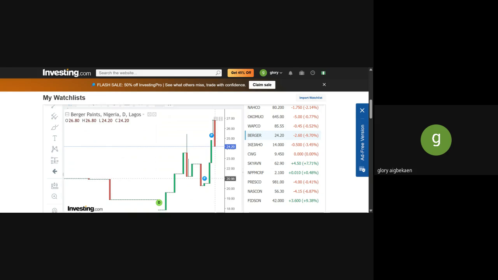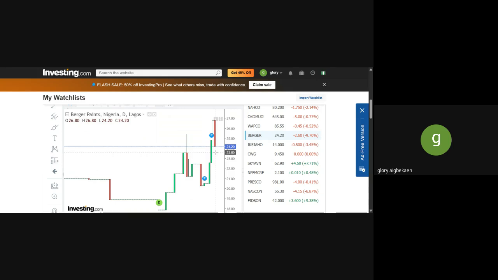What is recorded in the chart here is actually lower than what happened that day. It got to 28, maybe momentarily. This is where it started from, 20 naira 25 kobo, and it kept going up.